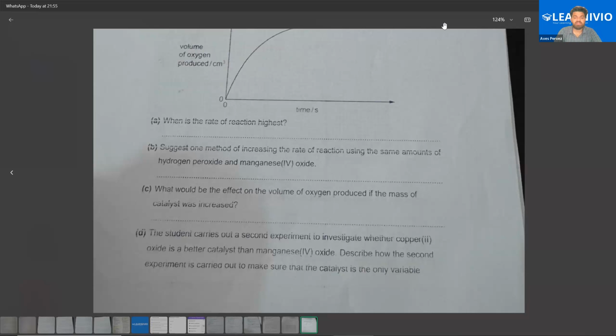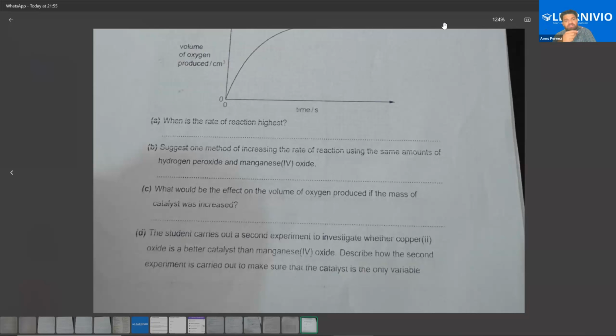Anything that can change is considered a variable. If we are changing the copper, the same conditions are there, the same temperature is there, and we change from manganese oxide to copper oxide, then only the catalyst changes. So the difference between the two experiments should be the catalyst, copper oxide and manganese oxide. That means by controlling these variables, this catalyst, we can increase or decrease the rate of reaction.